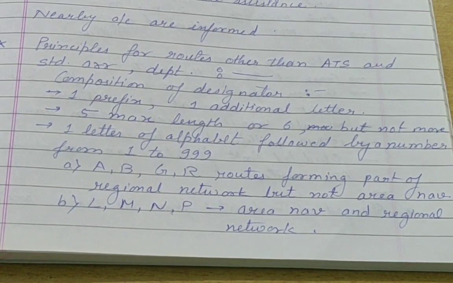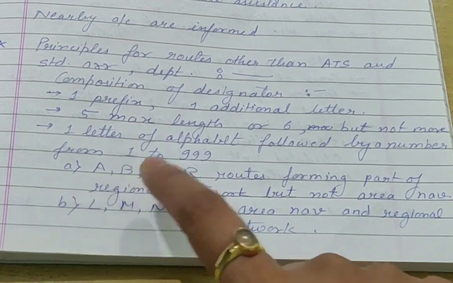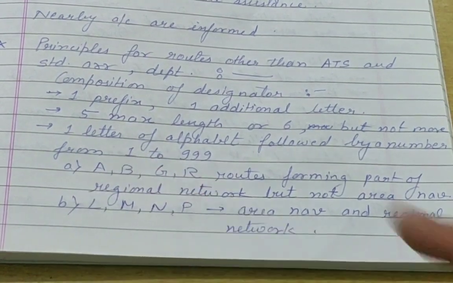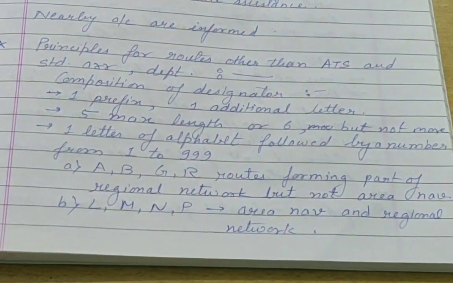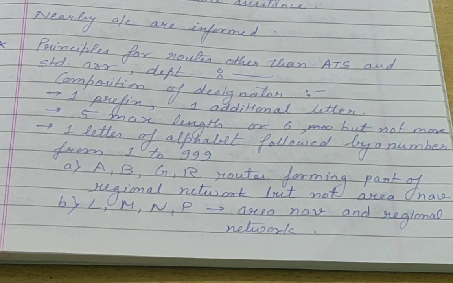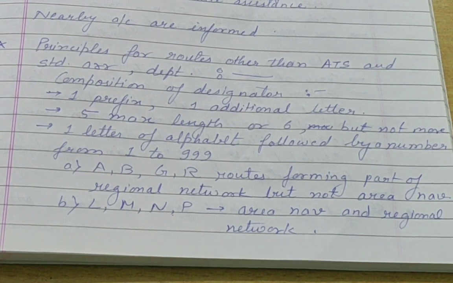Then the selection of letters shall be made from the list like this. A, B, G and R are for routes which form part of the regional network of ATS routes and are not area navigation routes. L, M and P are for area navigation routes which form part of the regional networks of ATS routes.